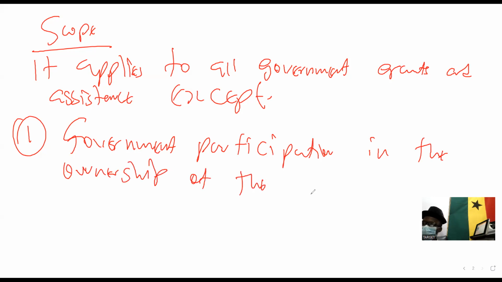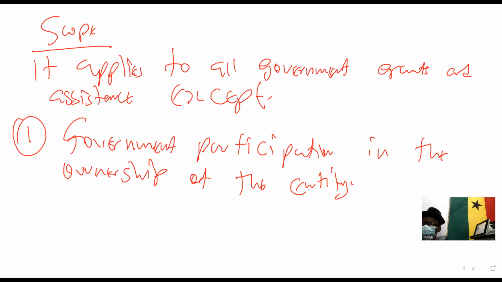If government owns shares in the entity, we cannot apply IAS 20. Government owns some of the industries in the country. If such a situation occurs, IAS 20 can never be applied. We want a neutral ground where government is not a part owner of the entity.